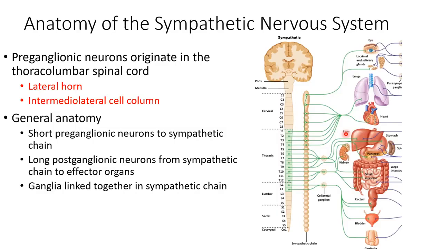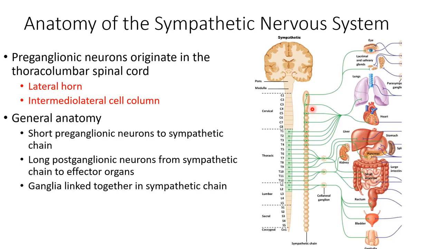And so the general anatomy is that we've got a shorter preganglionic neuron in the sympathetic system, a long postganglionic neuron going from the ganglia all the way out to the effector organs that they're targeting. And then the ganglia we talked about as being collectively referred to as the sympathetic chain. This is an actual physical anatomical structure that you can look into the body.